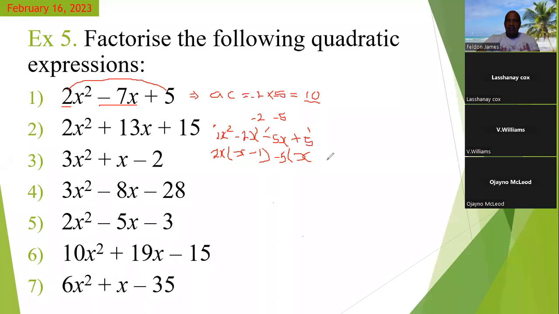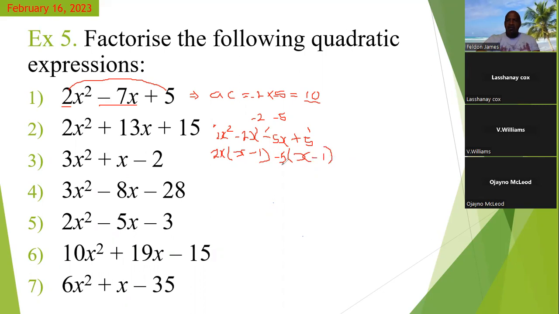And then next, positive 5 divided by negative 5 will give you, positive divided by negative gives you what? Positive or negative? Negative. So that will give you negative 1.